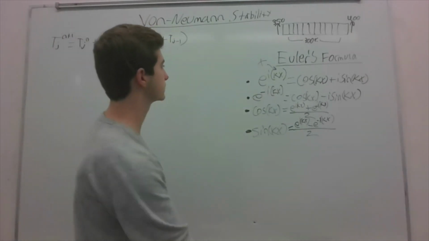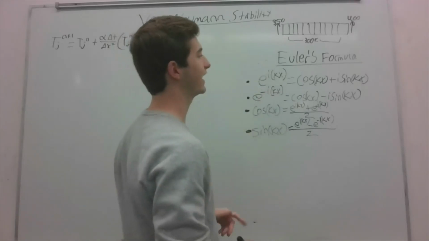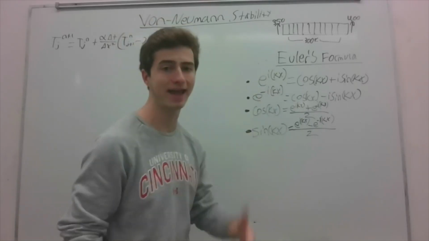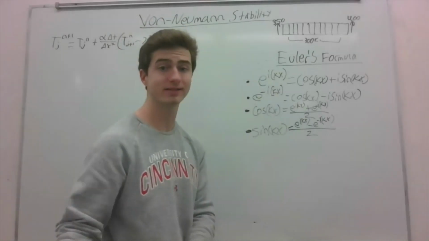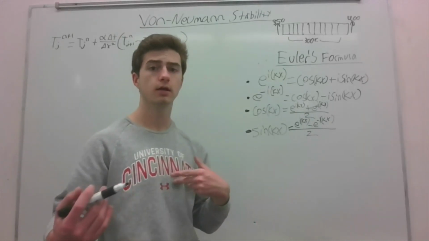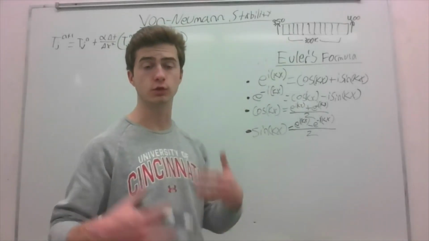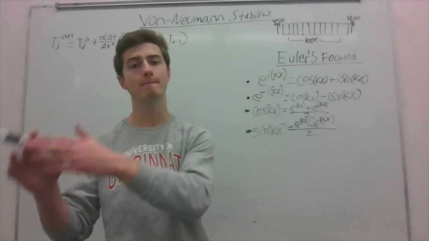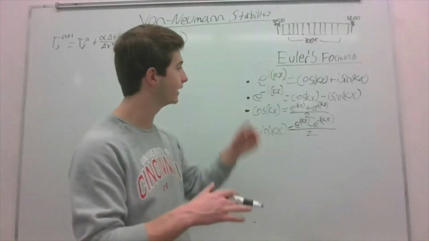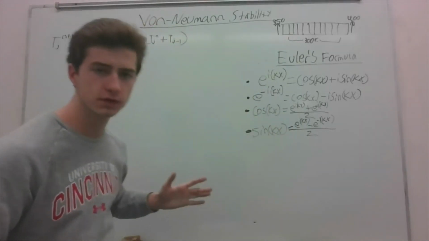Okay, let's go. Let's get this going. So we've got e to the i kx is equal to cosine kx plus i sine kx. On the other hand, e to the negative i kx is equal to cosine kx minus i sine kx. Okay? What is cosine kx?